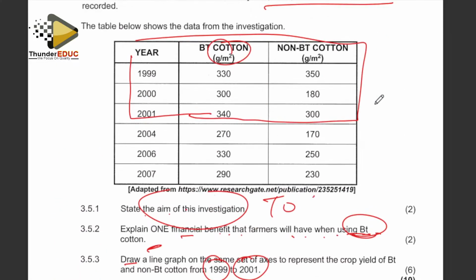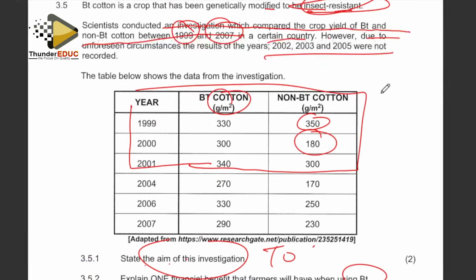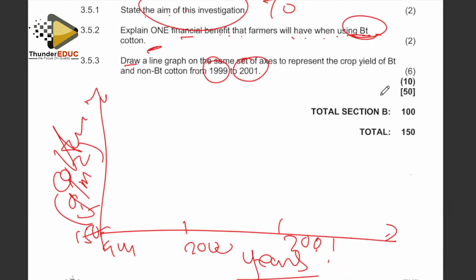Make sure that you have a proper scale. You see which one is the lowest, and the highest I see is this. Meaning I can start from 150, 200, 250, 300, 350.